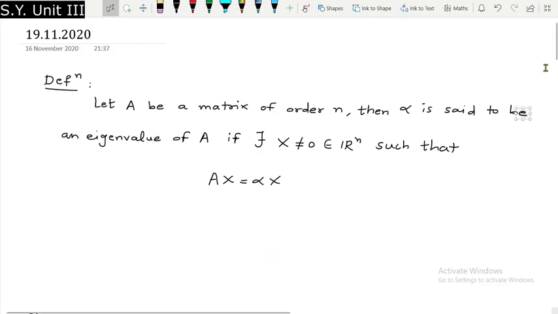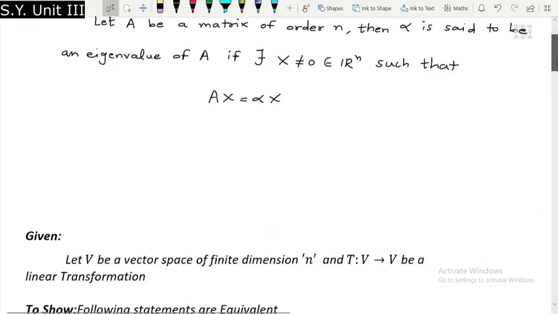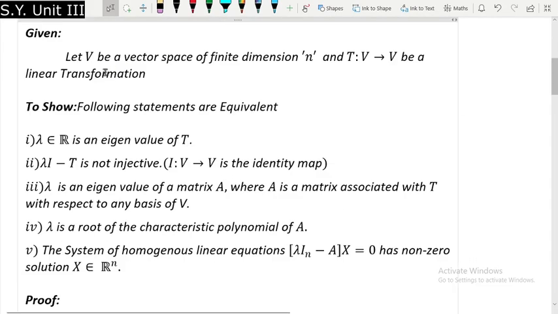So now we are going to go for a theorem. A vector space V is given to us of dimension n, and T from V to V is a linear transformation, and we are asked to prove that the following statements are equivalent. The first statement is: alpha belonging to R is an eigenvalue of T. The next one is, not alpha actually, it is lambda, right?